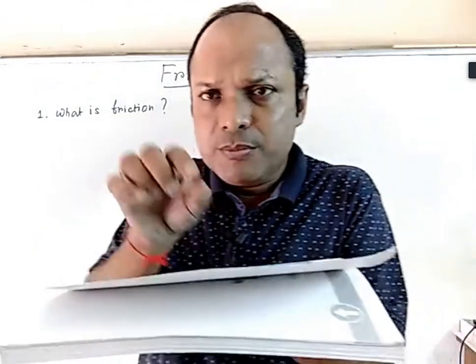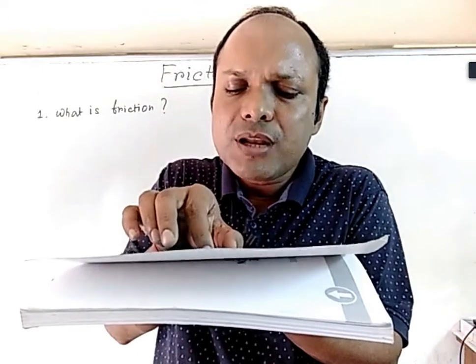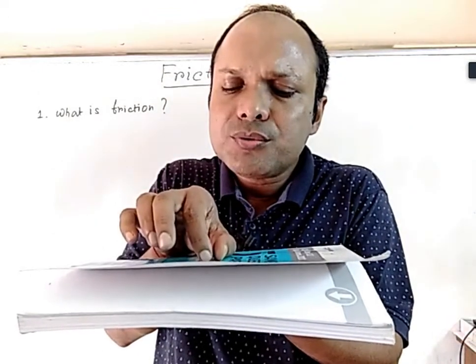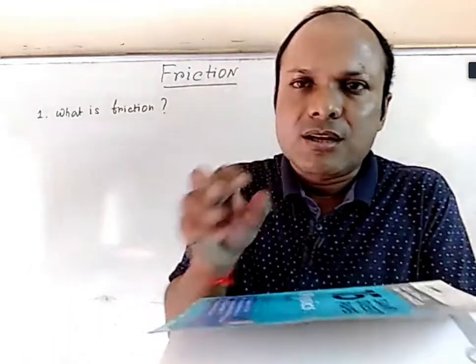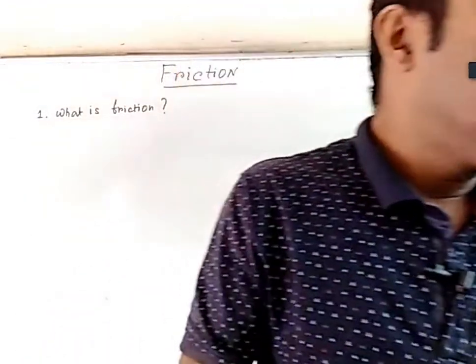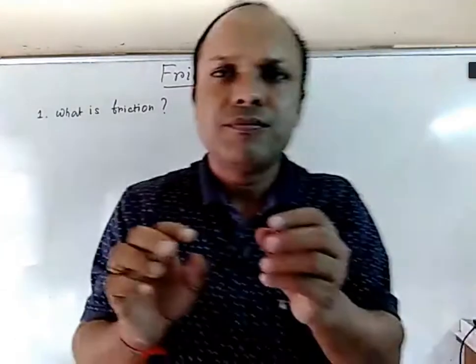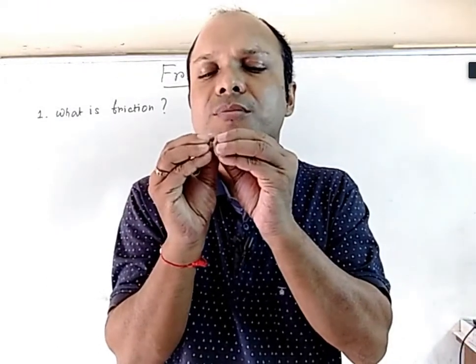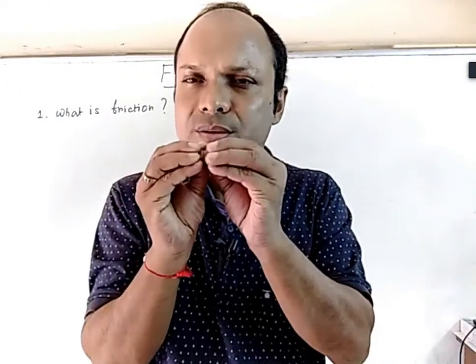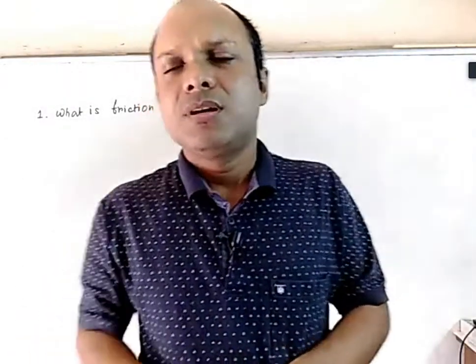It can be shown in the case of mercury. If you have two mercury drops and make contact between one and the other, they will easily fuse together. That means if similar substances come in contact with each other, molecules are tremendously attracting each other. This is called cohesive force.